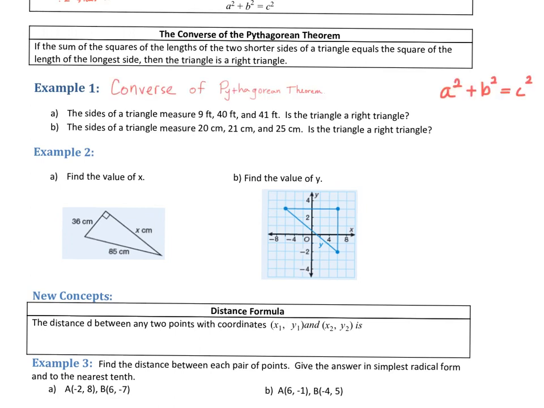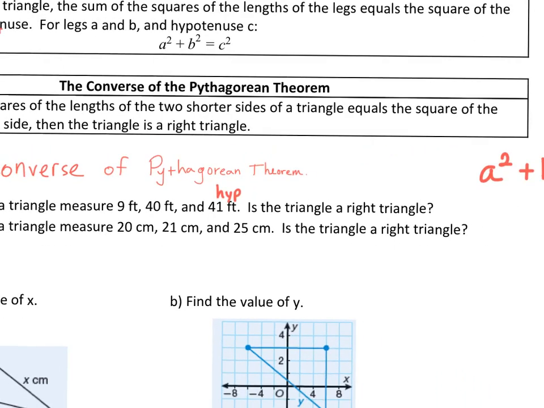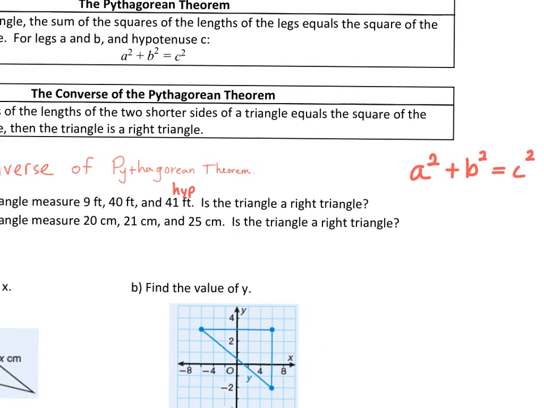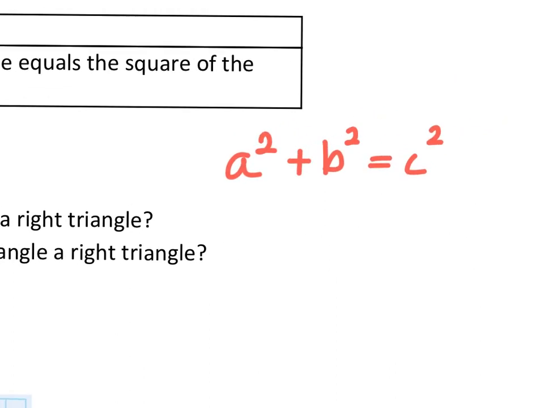As we look at example 1, it asks us to take the sides of a triangle, 9, 40, and 41, and check to see if it's a right triangle. By looking at the lengths, right away 41 will be our hypotenuse, and then 9 and 40, it doesn't matter which one of those two you make leg a or b, you could use them in any order. So we'll check with the Pythagorean theorem.